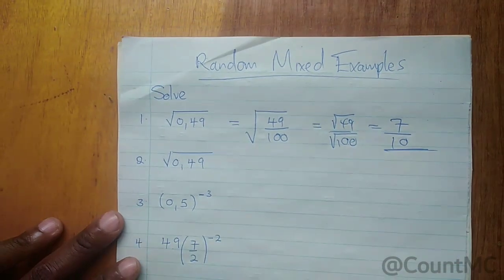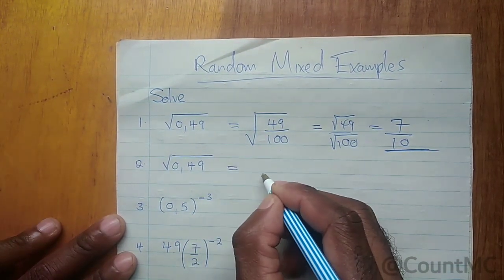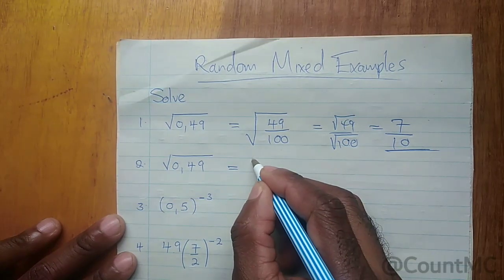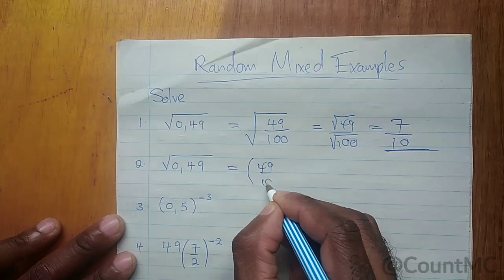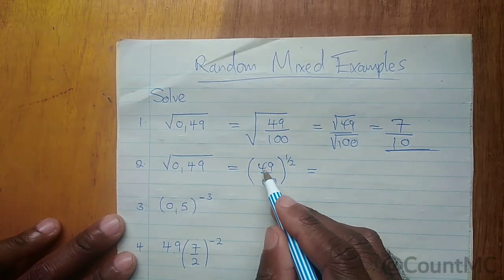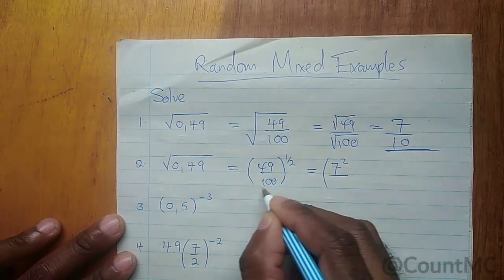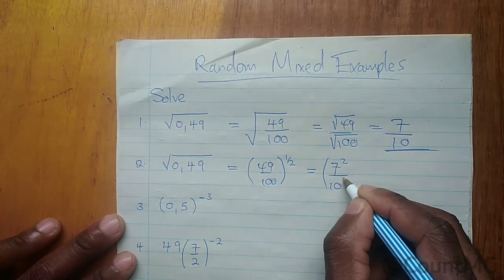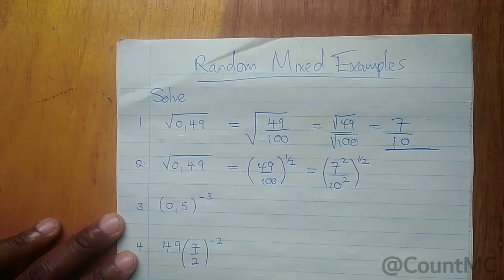We can do this in a different way. Square root, remember we said it means to the power half. 0.49 is 49 over 100. So you just put it as to the power half. Then 49 is 7 squared, 100 is 10 squared. You multiply that by the power half.